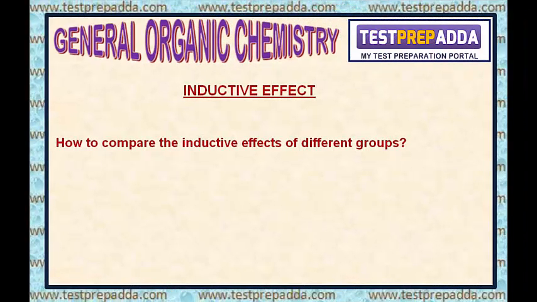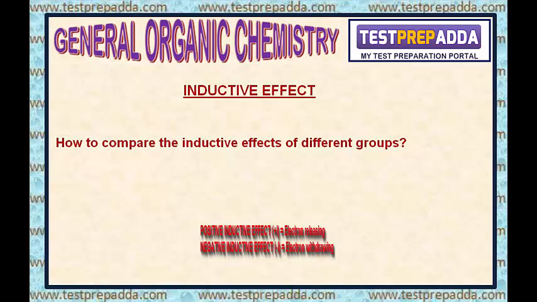Dear students, in the previous video lecture, I talked about the inductive effect. I talked about positive inductive effect. I talked about negative inductive effect. I gave you the examples of those groups which show positive inductive effect.